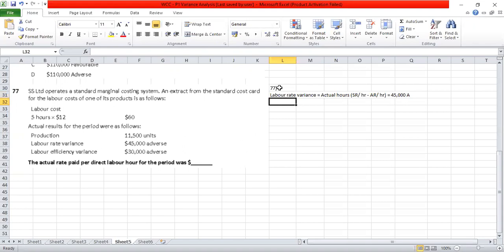Out of the three variables, the total actual hours, the standard rate per hour, and the actual rate per hour, we know only one variable, which is the standard rate per hour. For every 5 hours, they have paid at the rate of $12, so that comes out to be 60. So the standard rate per hour is equal to $12.